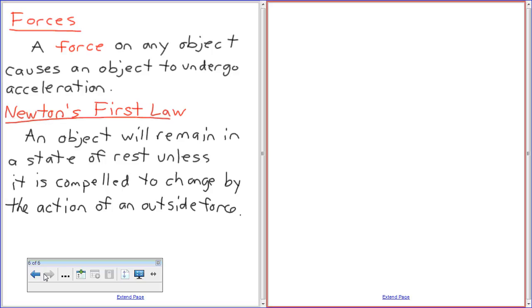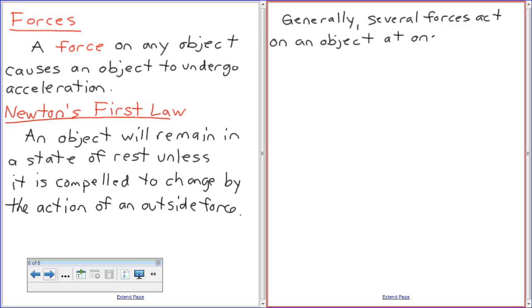So we're going to say generally several forces act on an object at once. The sum of all the forces is called the net force.